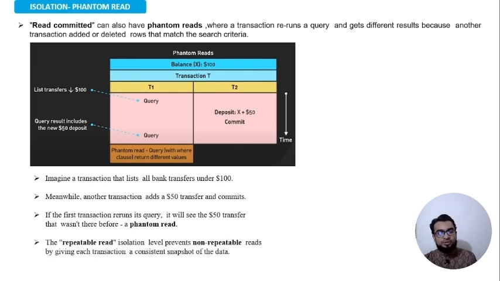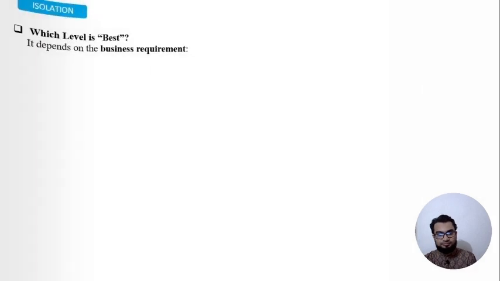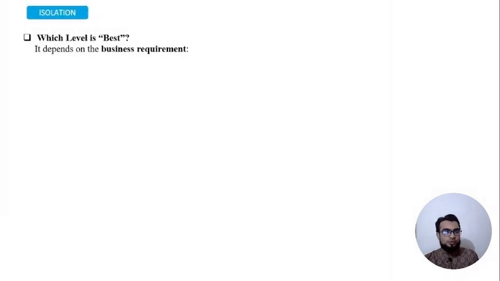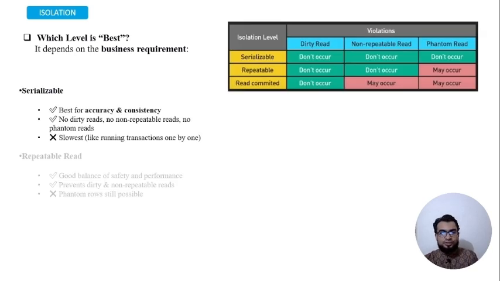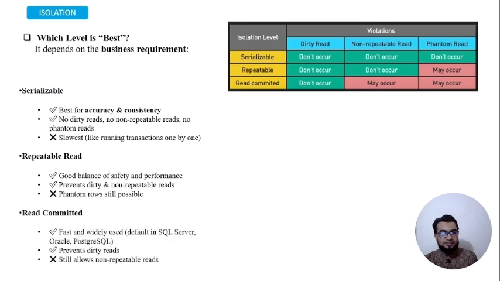The repeatable read isolation level prevents non-repeatable reads by giving each transaction a consistent snapshot of the data. But it still has the phantom read issue. So which level is best? It depends on the business requirement. Let's compare these 3 levels: serializable, repeatable read, and read committed.